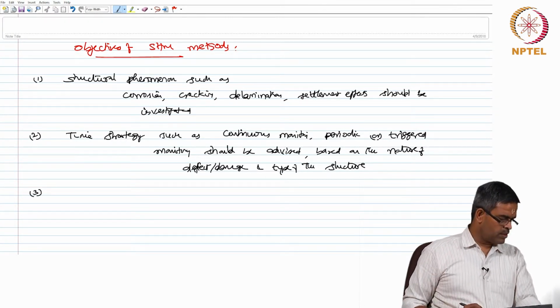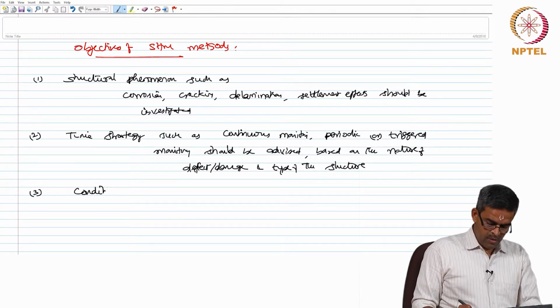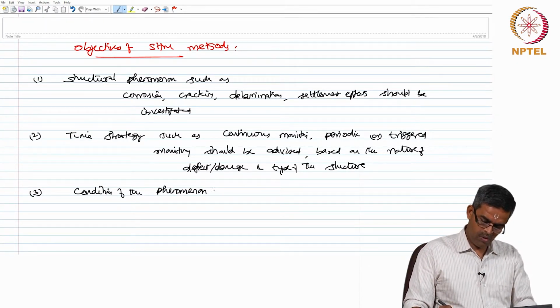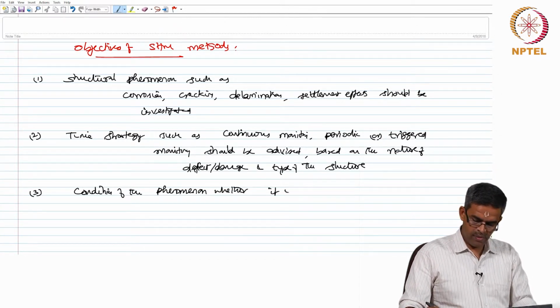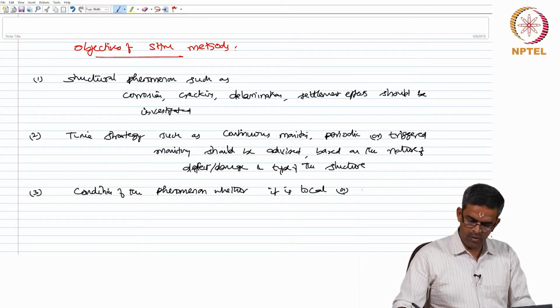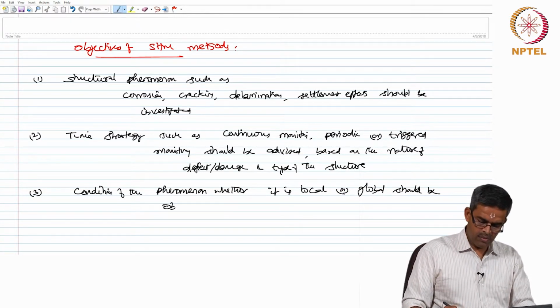The third objective should be condition of the phenomenon, whether it is local or global, should be observed.